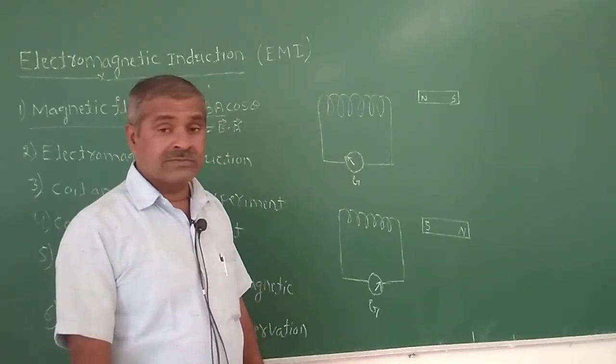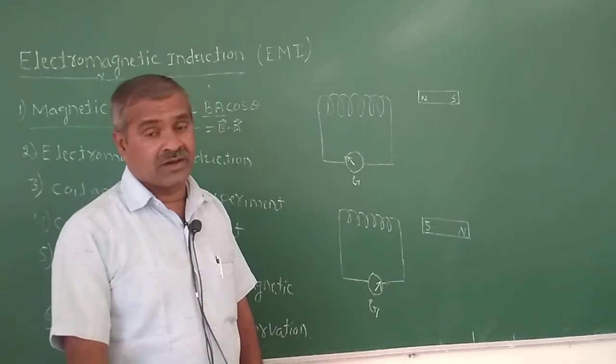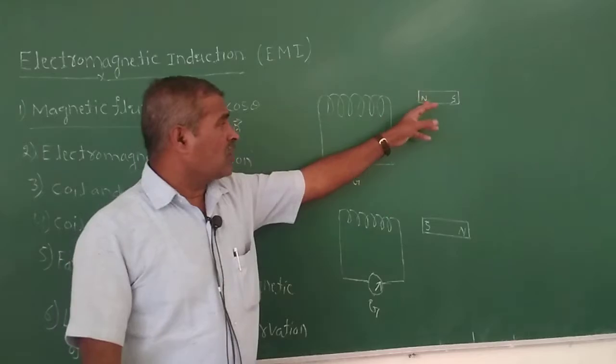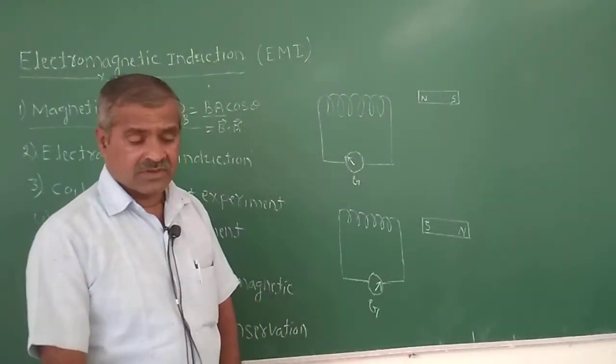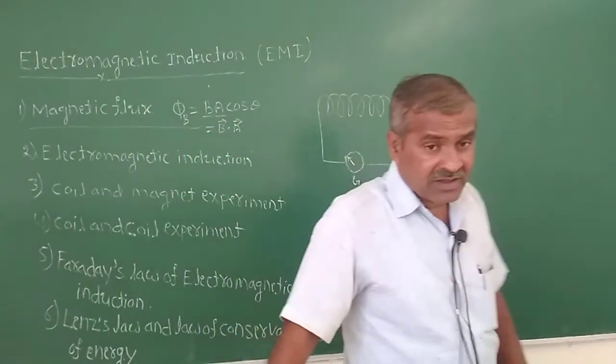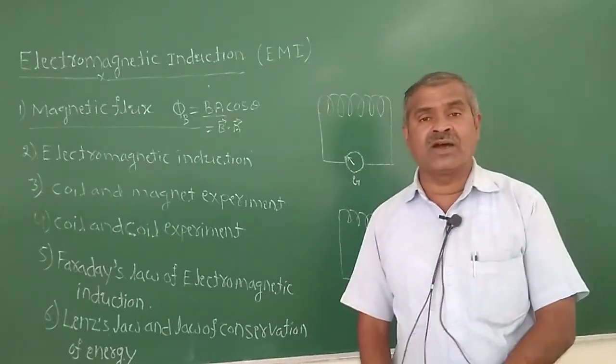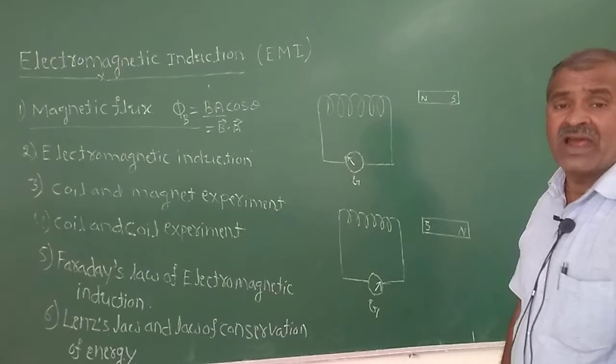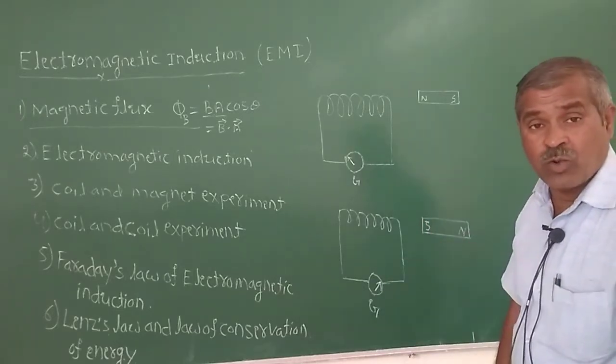Now, another case: the pole strength of the magnet is made stronger and it is suddenly brought nearer to the coil.